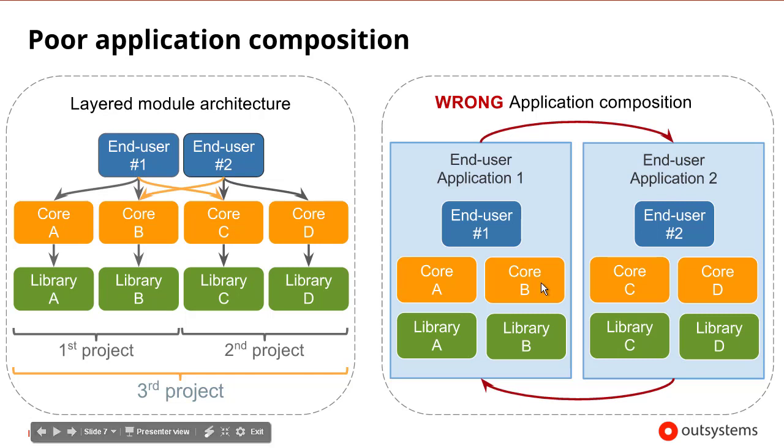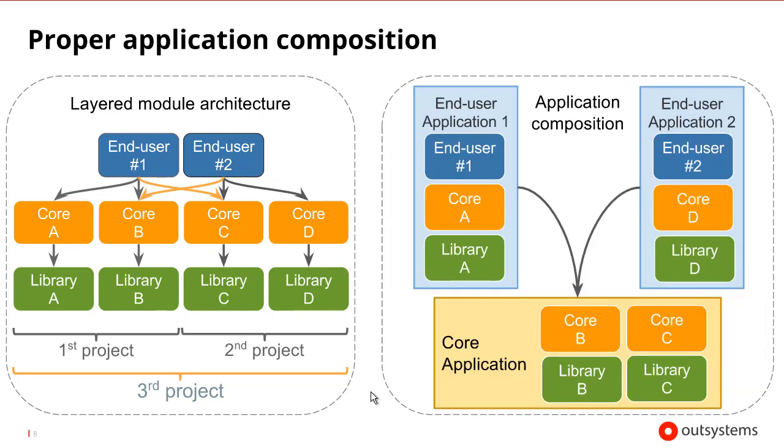So basically what we need to do is apply the same principles we thought about from a module perspective to these applications. And we need to extract the reusable modules and place them inside of their own application. So one way to solve this problem would be to keep end user application information that isn't shared separate for application 1 and application 2, but move all of the shared components to a new application that we might call the core application.